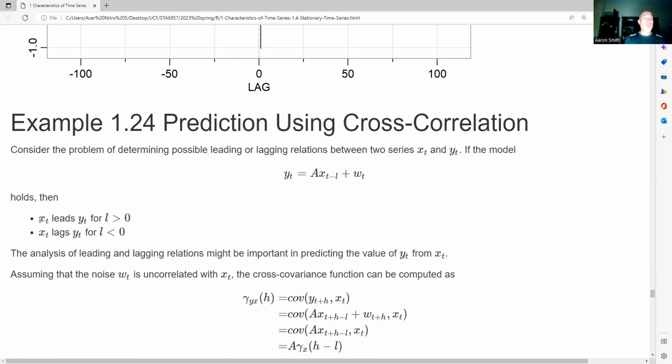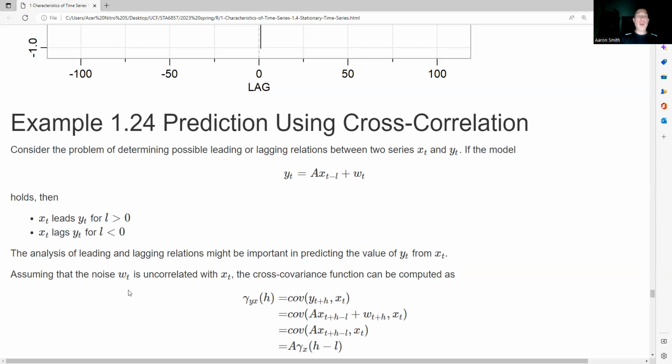We'll say that x sub t leads y sub t if L is greater than 0, and x sub t lags behind y sub t if L is less than 0. And of course, if I need to know future values of x to predict y, it wouldn't be useful for making predictions.